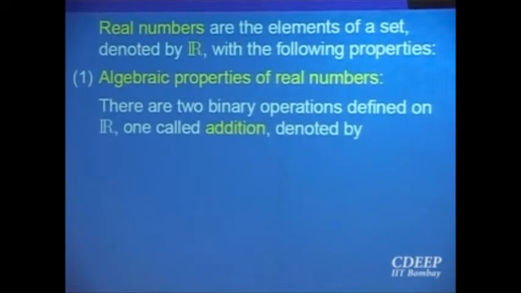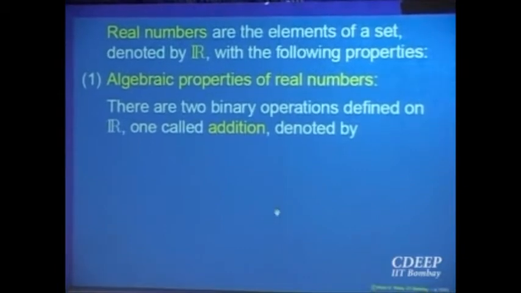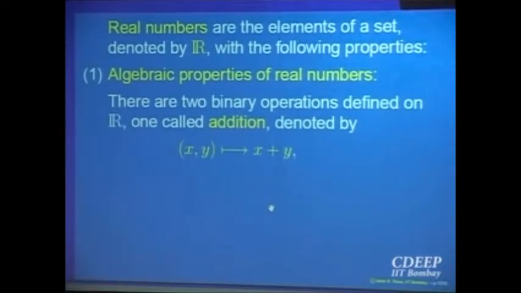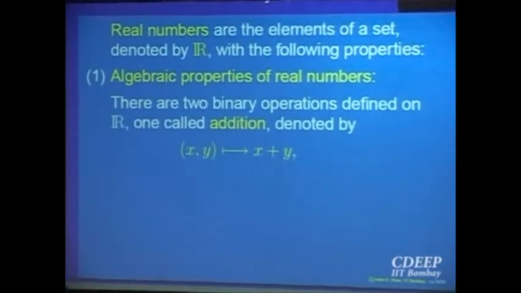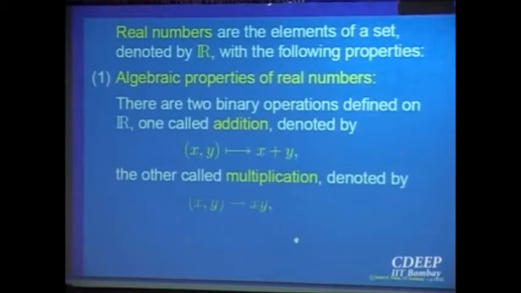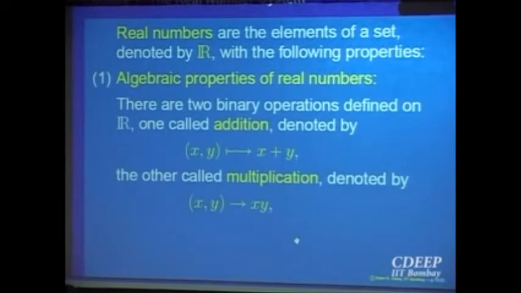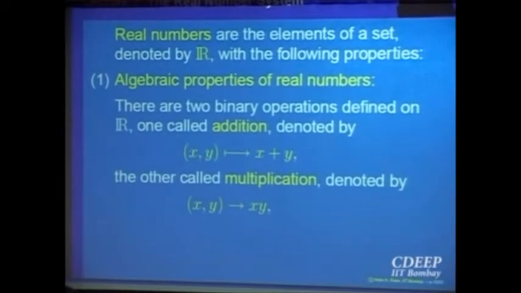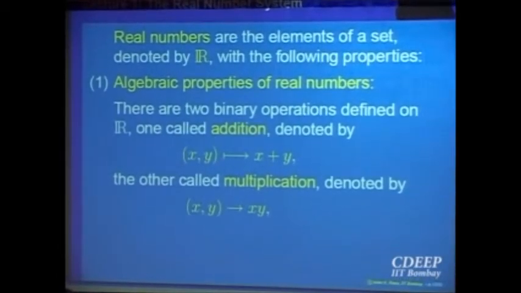There is a binary operation of addition defined on this set R: x comma y, the pair, goes to x plus y, and similarly there is a multiplication which says x comma y goes to x into y. Okay? So these 2 operations are called addition and multiplication, and they have the usual properties that we are familiar with. Okay, so we list them as properties of these binary operations.